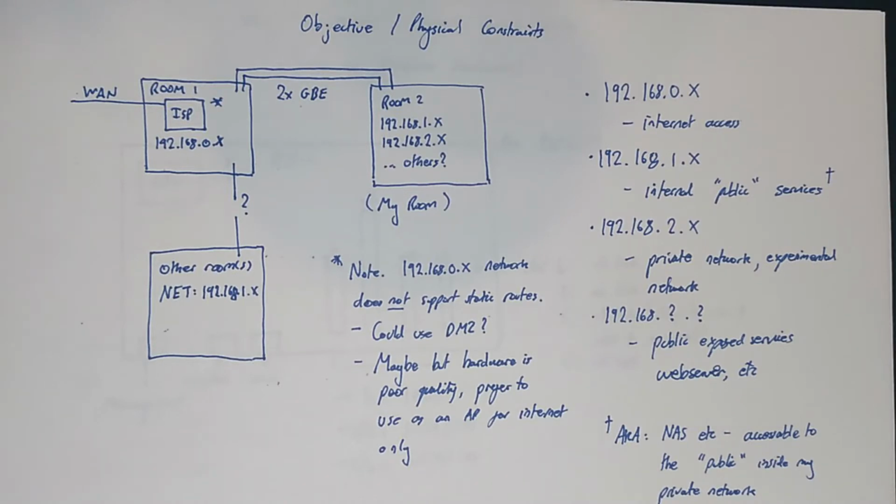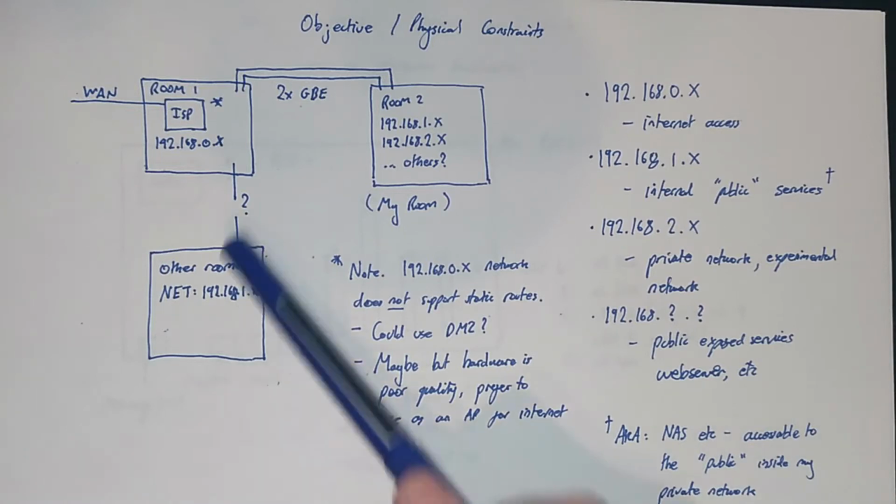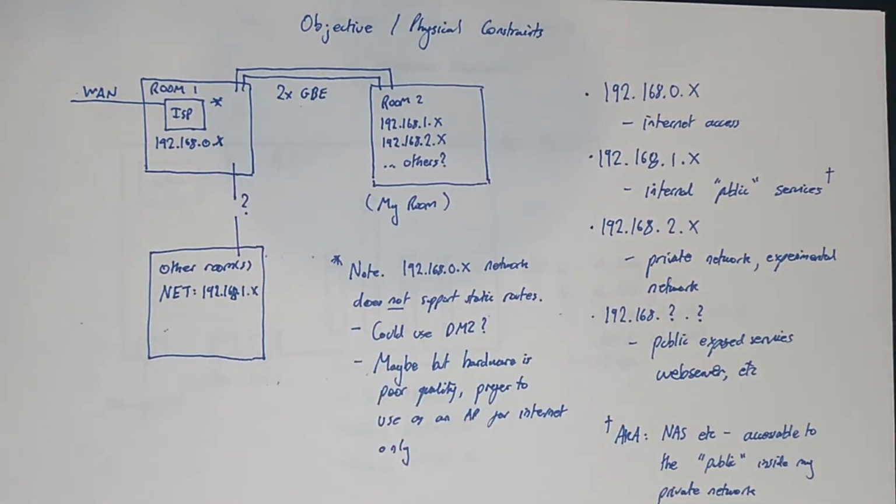And then of course there's a standard cheap ISP router, no brand names mentioned here, which just has the address 192.168.0.x, so that's on the first network, if you like. This particular ISP router doesn't support static routes.